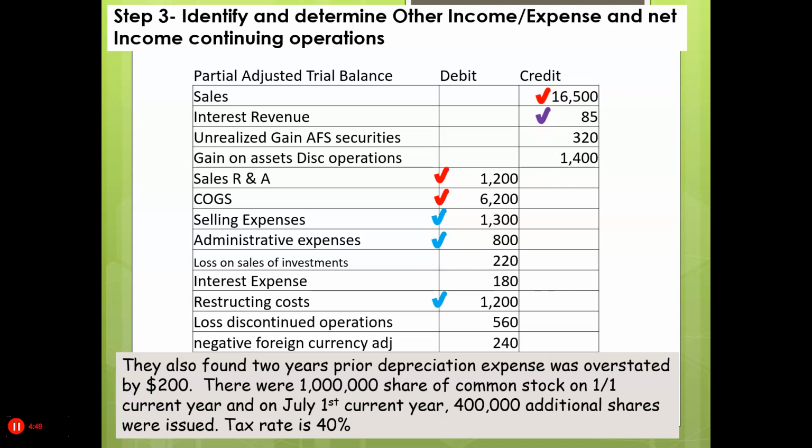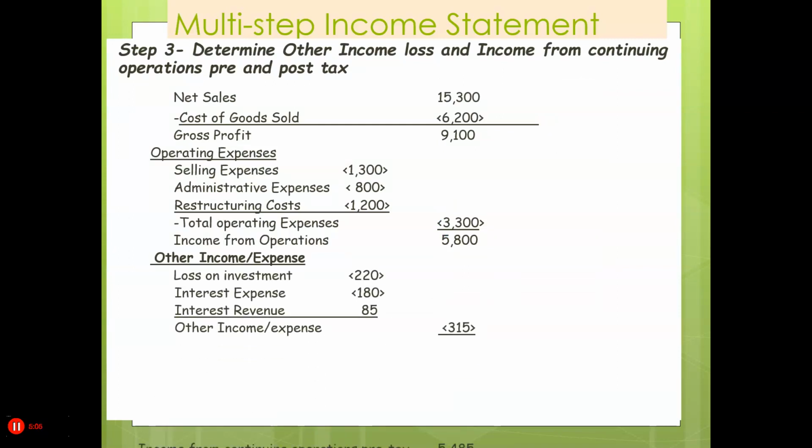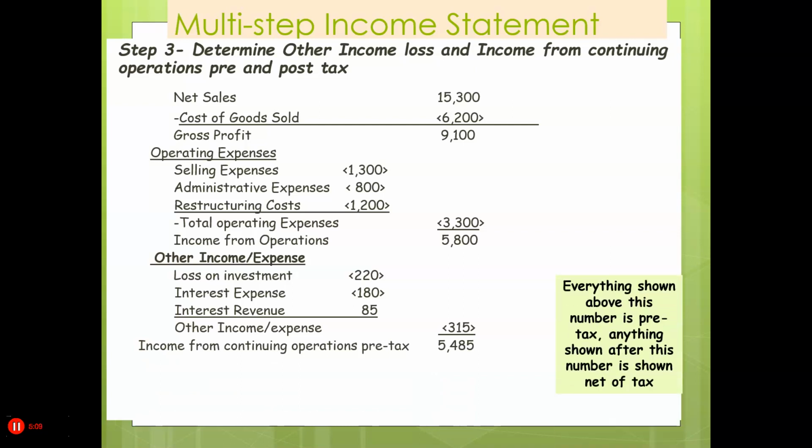We're going to do the interest revenue, interest expense, and the loss on the sale of investments. That means we actually sold something. So we take our other, and now we have income from continuing operations pre-tax, and then we determine our tax at our 40% tax rate, and now we have income from continuing operations.